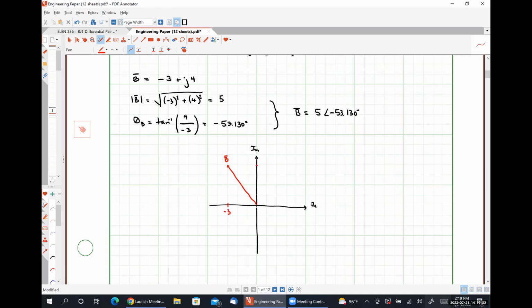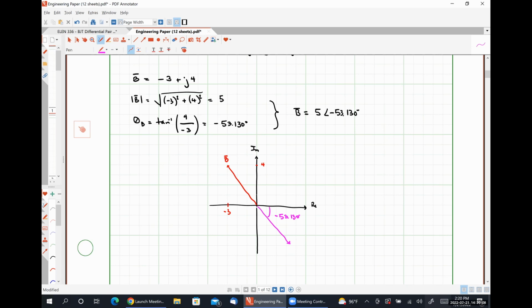So this is -3 units in the real direction, and this is +4 units in the imaginary direction. According to our polar form representation, we should have a length of 5 units with an angle of -53.130 degrees.